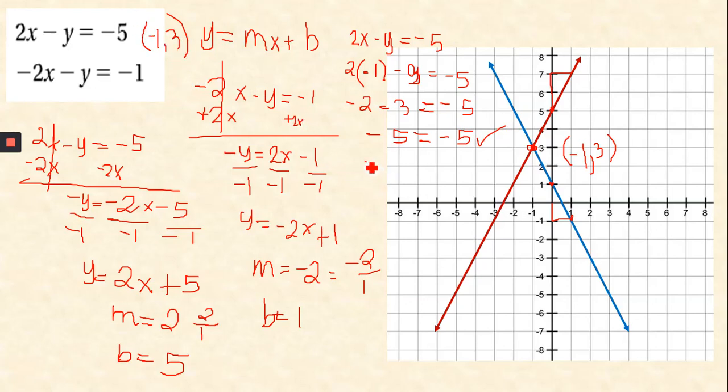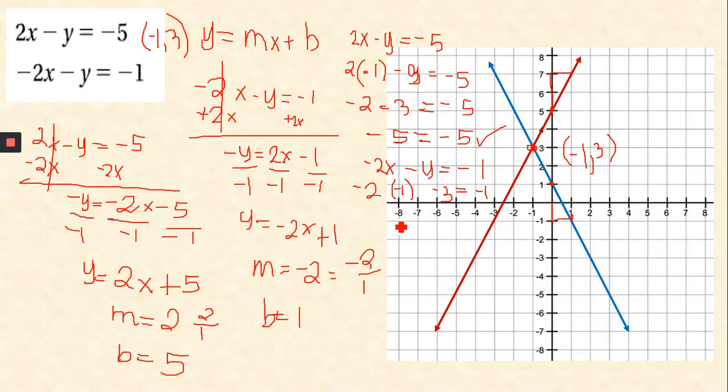How about the second equation? Negative 2x minus y equals negative 1. So negative 2, your x is negative 1, minus your y is 3, is equal to negative 1.